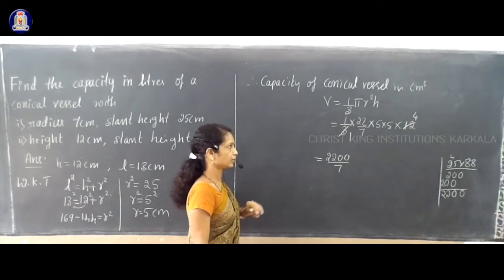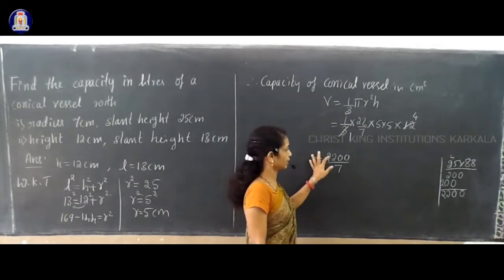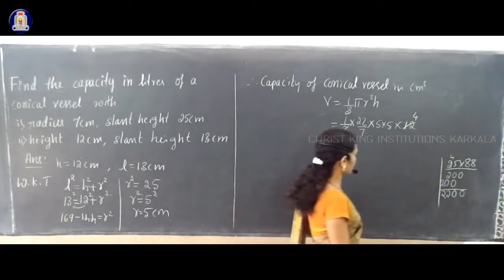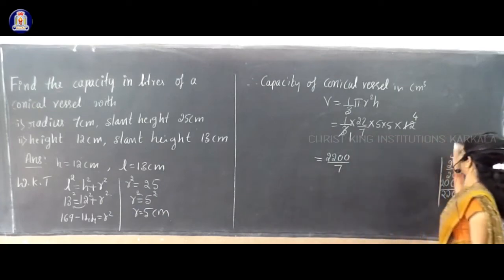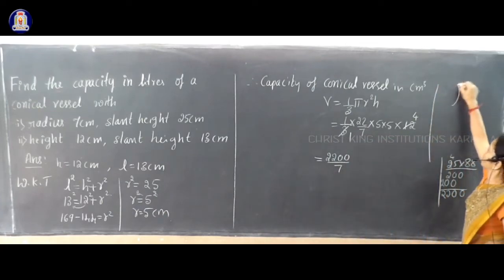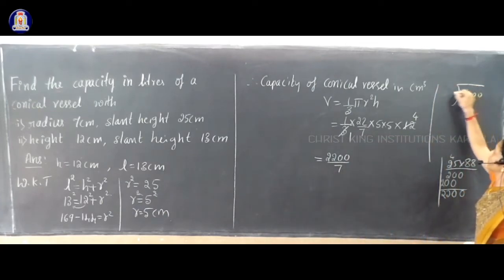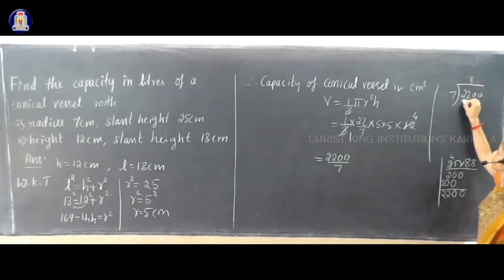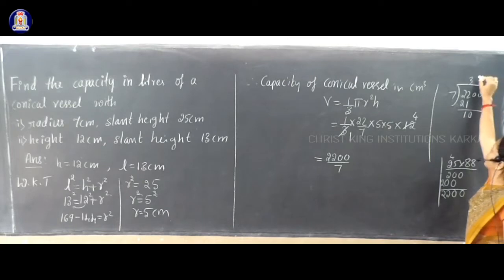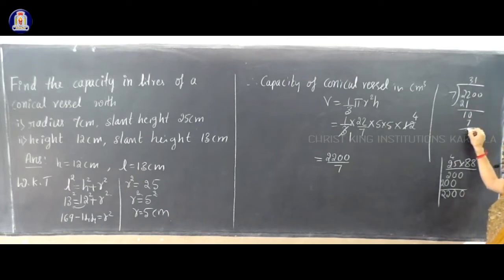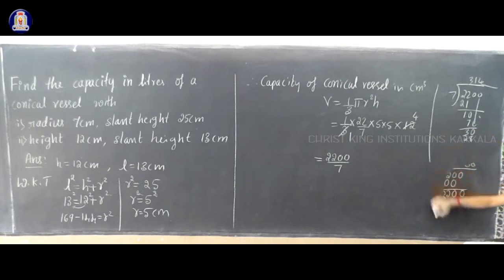You have to convert that to liter, and before finding that we divide 2200 by 7. 2200 divided by 7. 7 3 times is 21 and 1 left, take the next 0 and 7 1 times 7, 3 left, then bring the next 0 down and 7 4 times is 28.